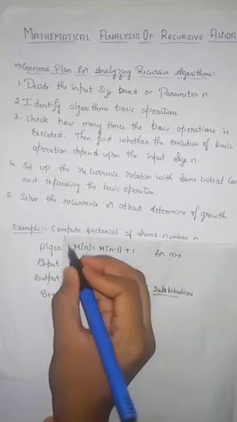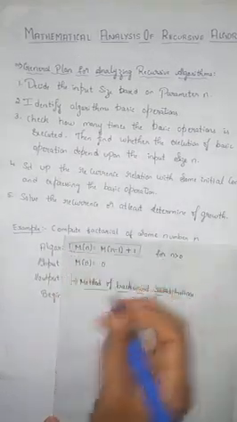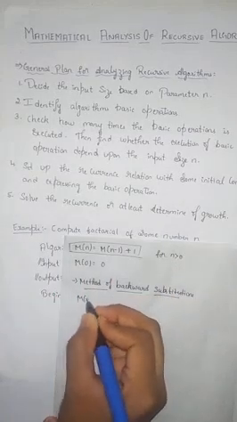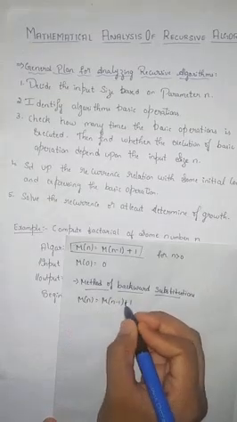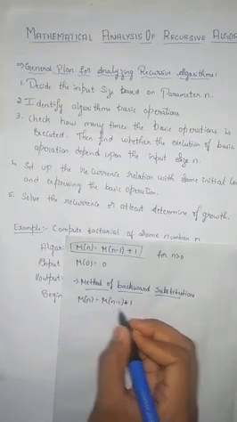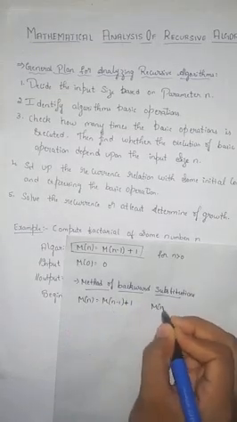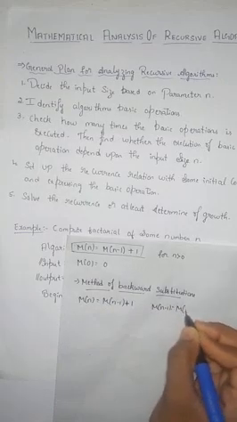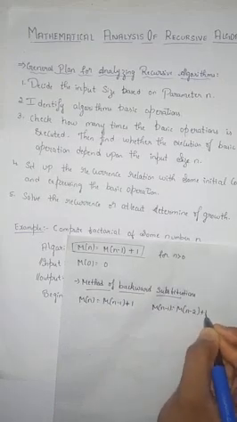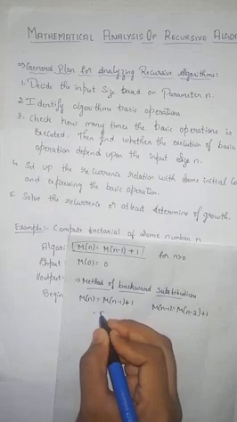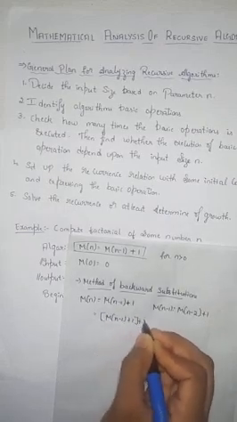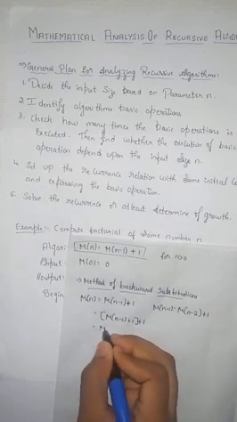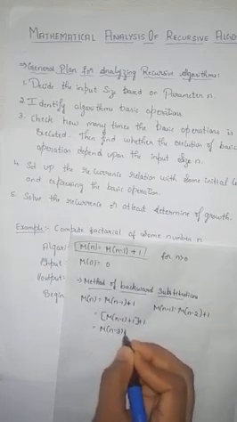For this condition, let us take m of n is equal to m of n minus 1 plus 1. For m of n minus 1, we substitute m of n minus 2 plus 1. Then it will become m of n minus 2 plus 1 plus 1, which is m of n minus 2 plus 2.